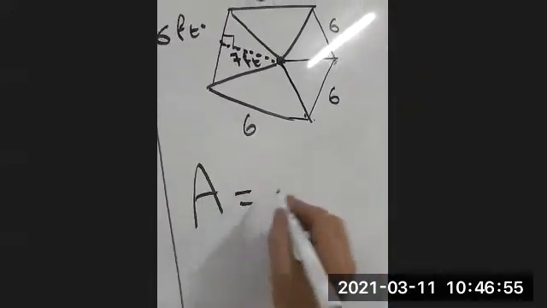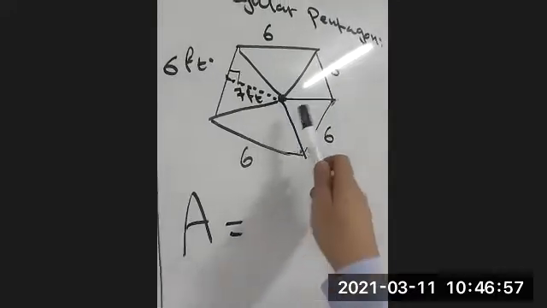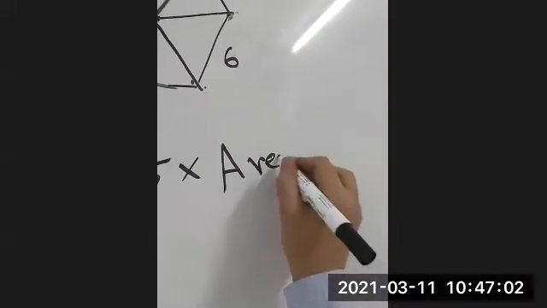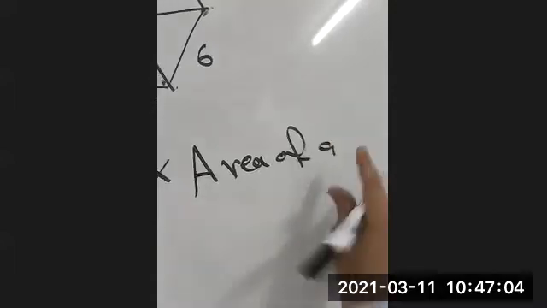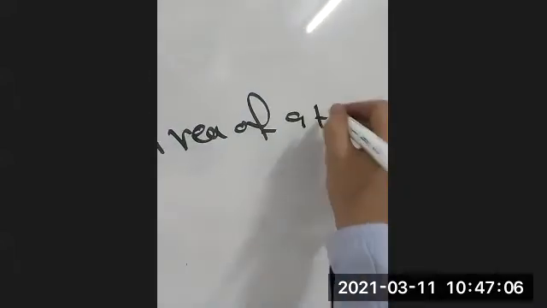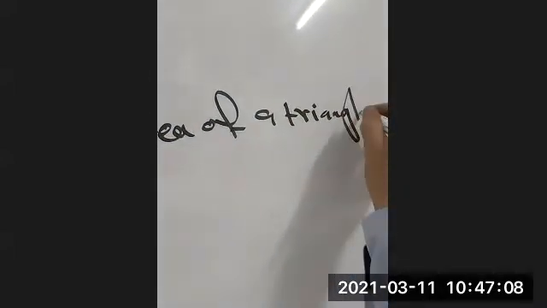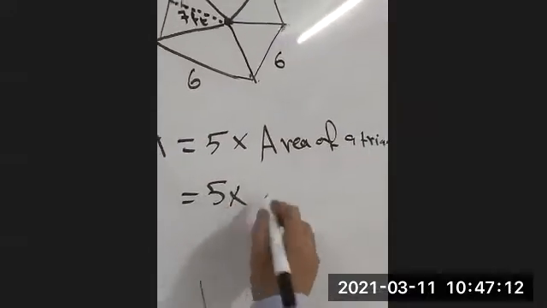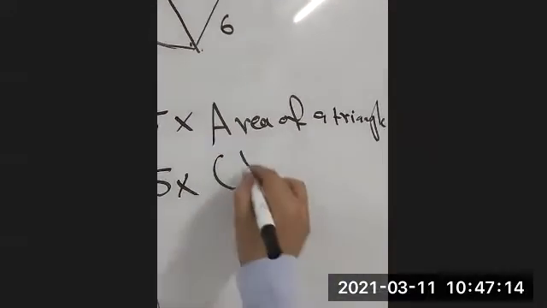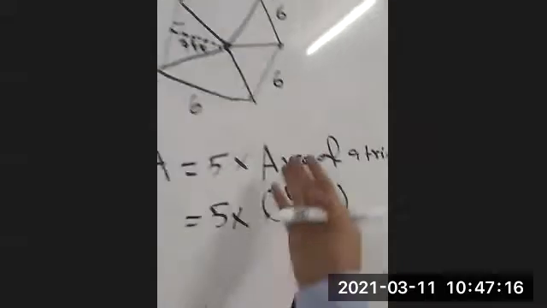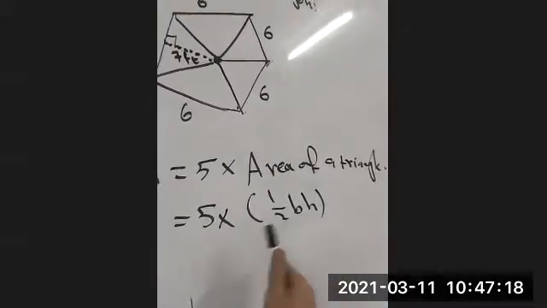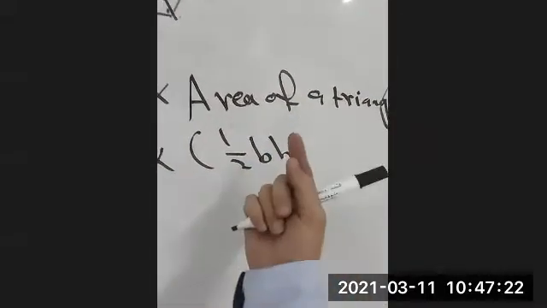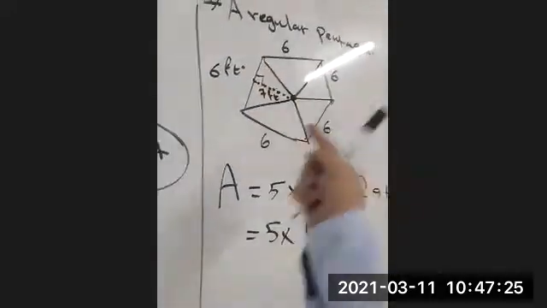A equals the number of triangles, 1, 2, 3, 4, 5, so 5, multiplied by the area of one triangle, which is half base times height. All the triangles have the same base and height, so it's enough to find the area of one triangle, then multiply by the number of triangles.